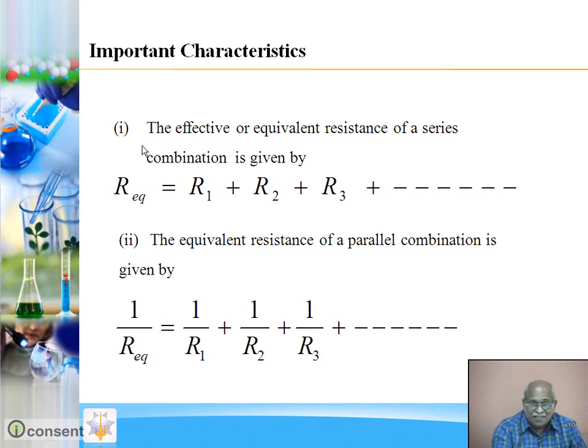Reciprocal of equivalent resistance, that means 1 upon Req, is sum of reciprocals of individual resistances. So 1 upon Req is 1 upon R1 plus 1 upon R2 plus 1 upon R3, etc.